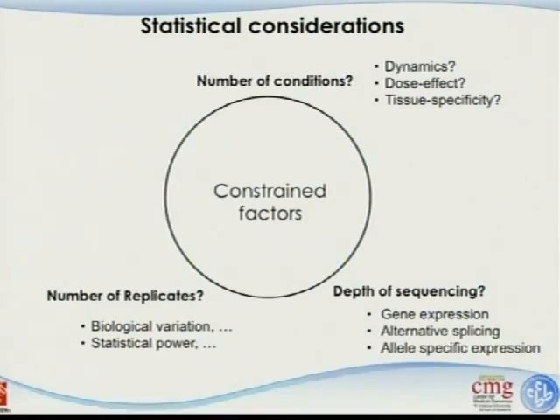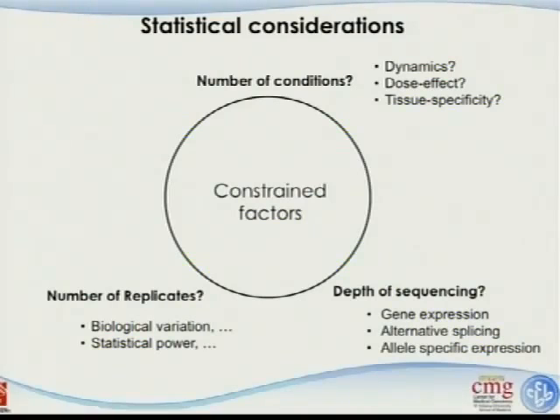But every single biological replicate you include increases the sequencing costs dramatically. And the next is the depth of the sequencing. Do you want to use 2 million reads to cover the transcriptome, or 20 million reads, or 200 million reads, right? Those are very, very important questions, and it really depends on what you want to get out.